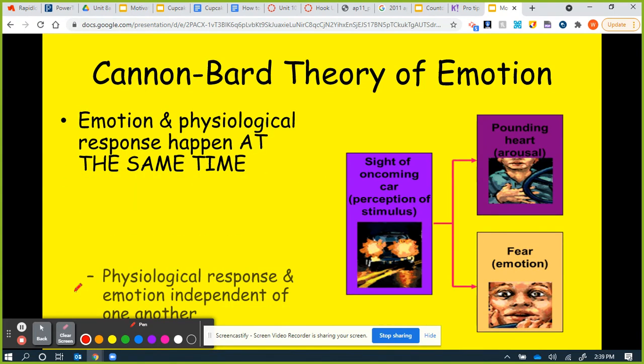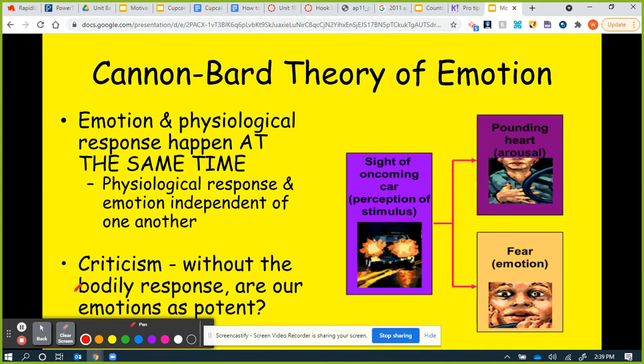All right. Cannon-Bard says that, so this one basically helps explain emotions that happen really quickly.